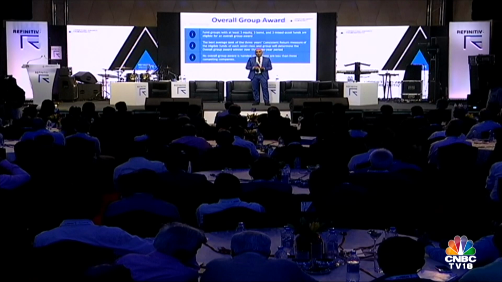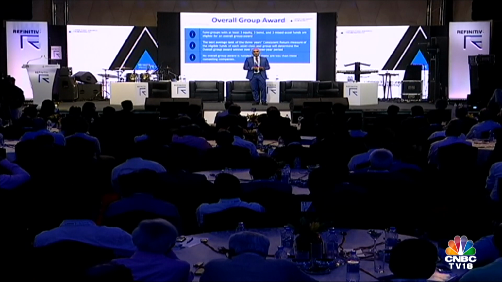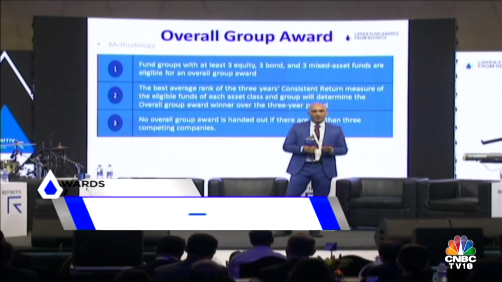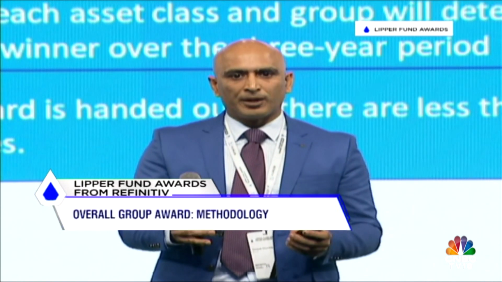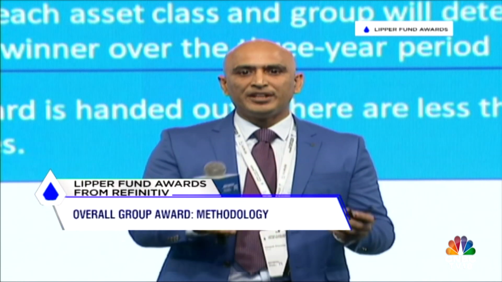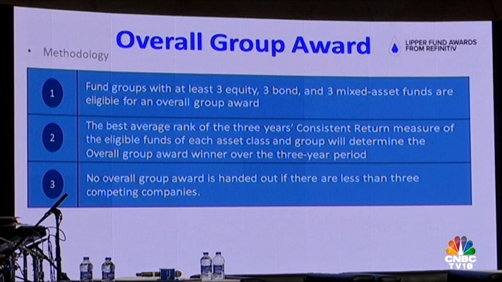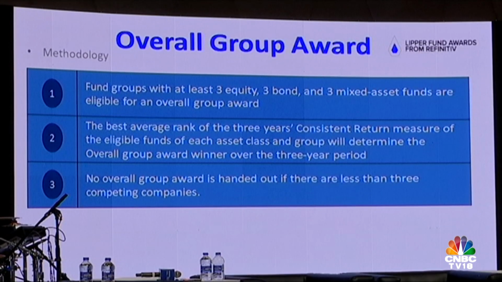Looking at the overall group awards, it's just one level next to the asset group awards. Again, we are looking at the fund companies in total. The only difference here is that the fund company needs to have representation across all asset groups. Only then do they qualify for an overall group award.